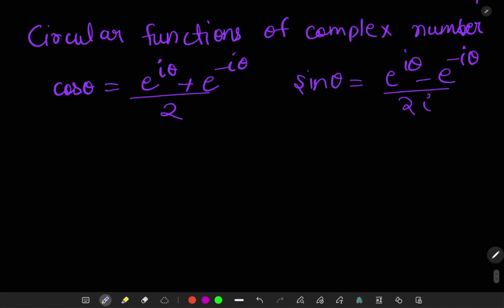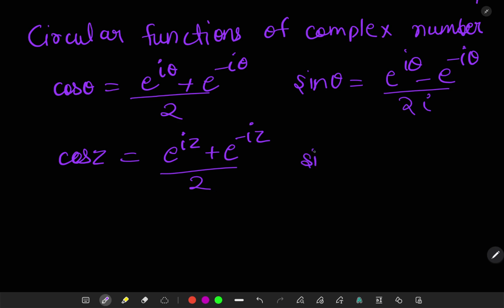Now this is for finding cos theta and sin theta in terms of complex numbers. Cos z equals e raised to power iz plus e raised to power minus iz divided by 2. Here sin z equals this.